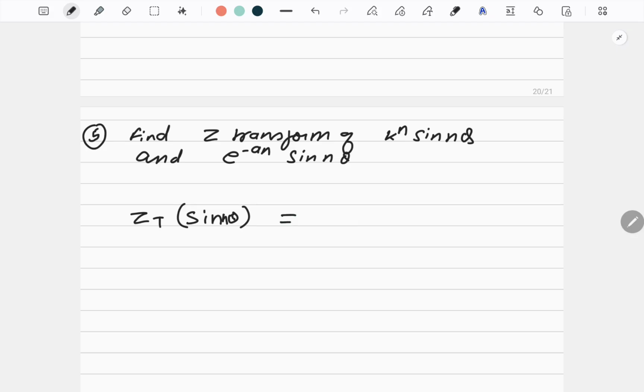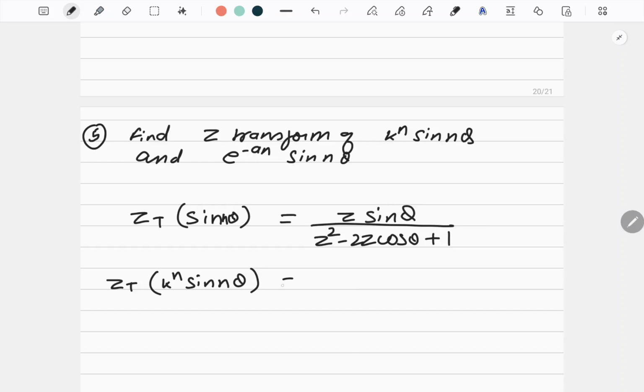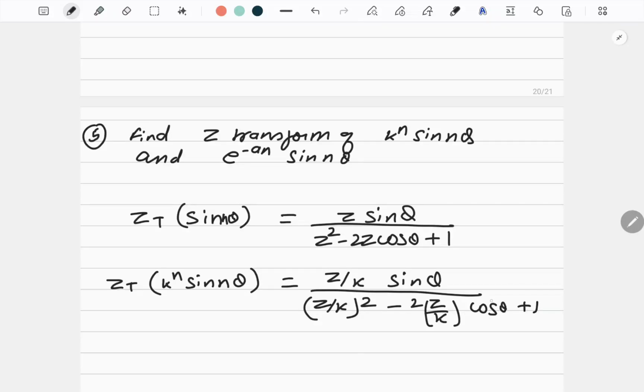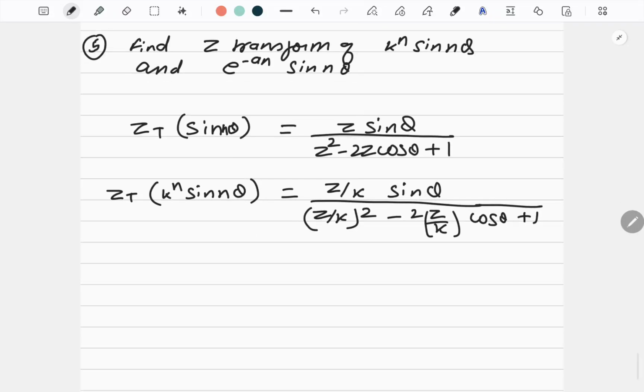So now sin n theta we know it is z sin theta upon z square minus 2z cos theta plus 1. So z transform of k to the power n sin n theta will be, just put z is equal to z by k. So z by k sin theta upon z by k square minus 2z by k cos theta plus 1. Now start taking LCM.